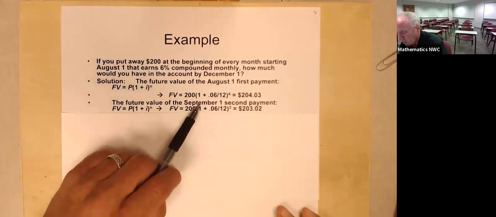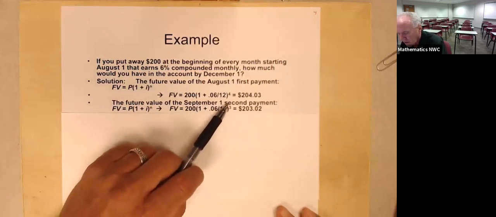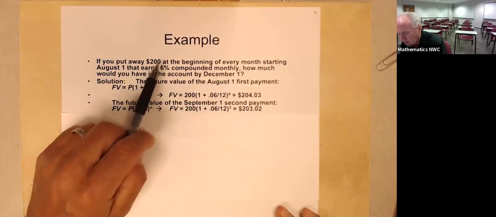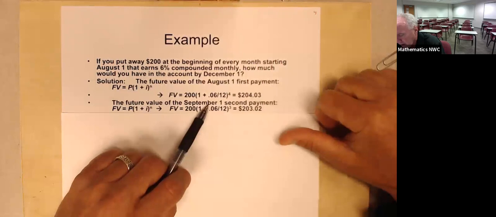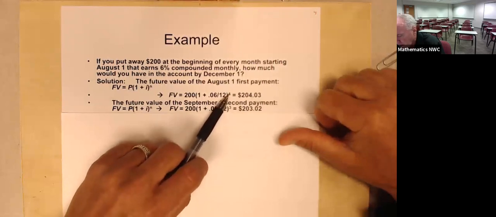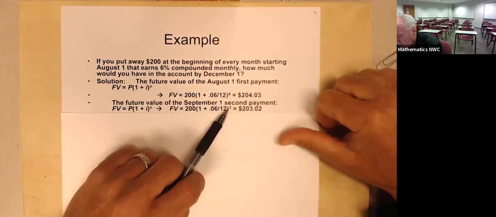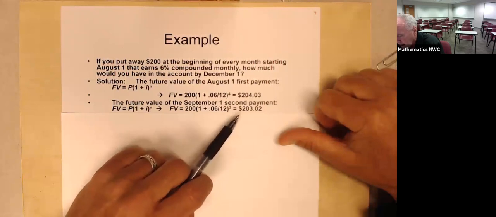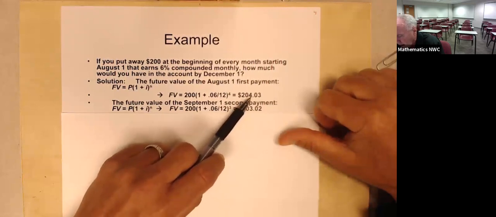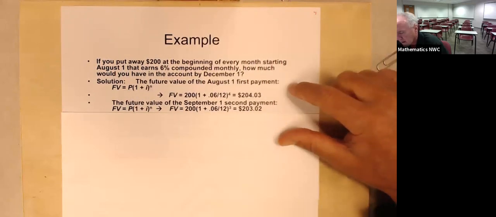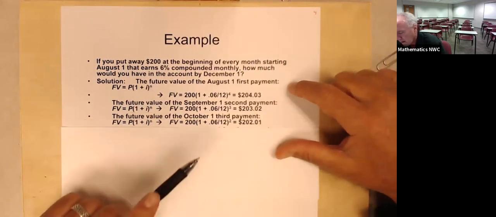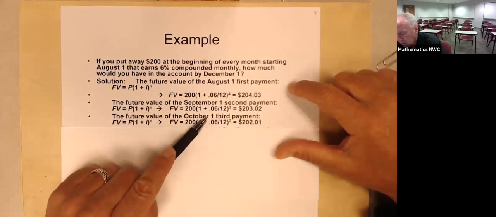The September 1 payment, that's the amount we put in, $200 on September 1. It's not going to be earning interest for as many months. Notice, rather than 4 months, it's only going to earn interest for 3 months. Notice it doesn't get $4.03 interest, it only gets $3.02. On October 1, we'll make another payment.